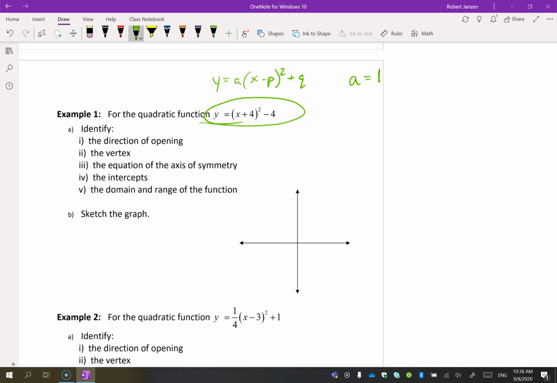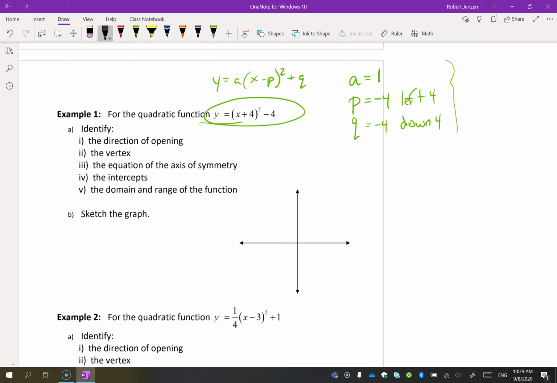That tells me that the width of the graph hasn't changed from a regular graph. Okay, what is p? P is -4. This tells me we're going to move left 4. What is q? It's -4. This tells me we're going down 4. And when I'm saying this, I'm saying compared to the regular graph.